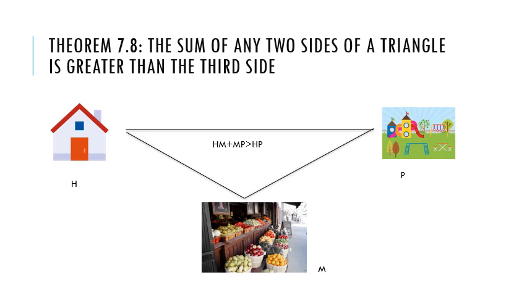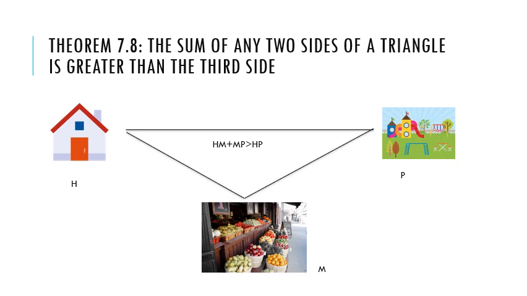Suppose I wish one day to go from my home to the playground. The distance will be HP. Now, suddenly I think of going to the market, which is represented by M. So my route will be HM. So if I wish to go from home directly to the playground, the distance is HP.